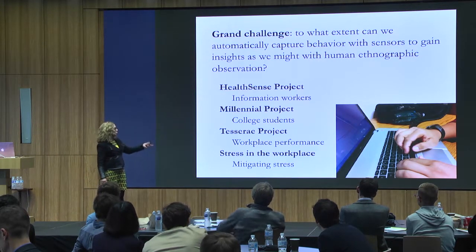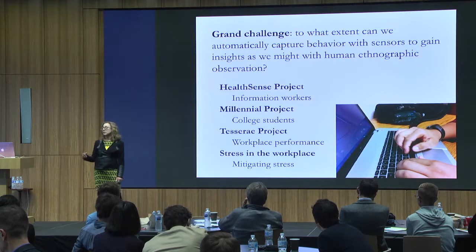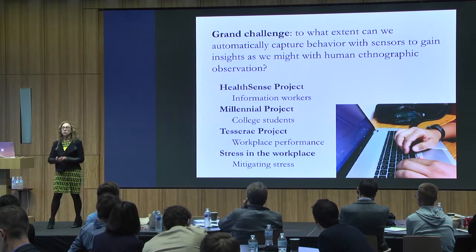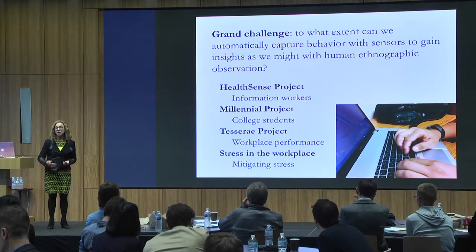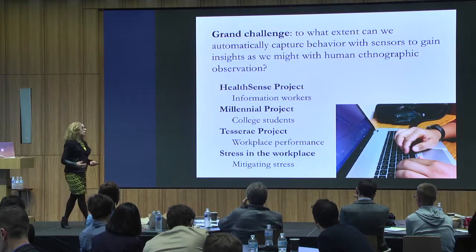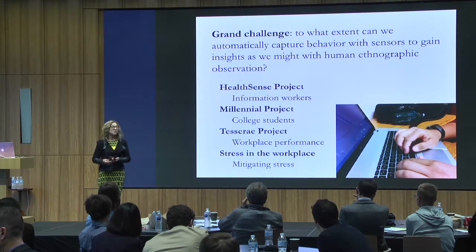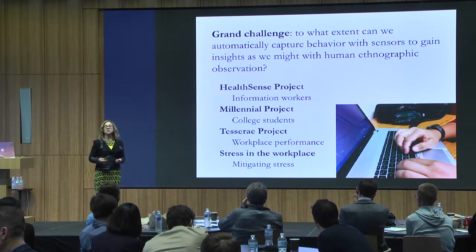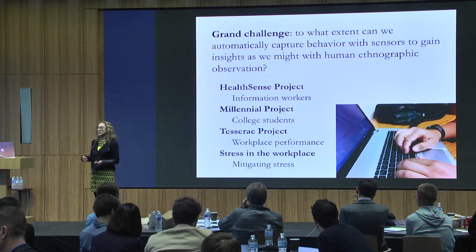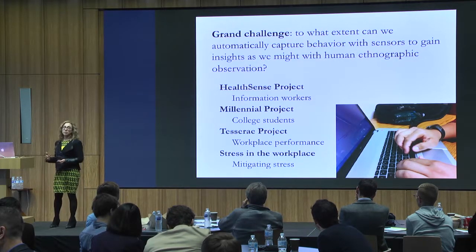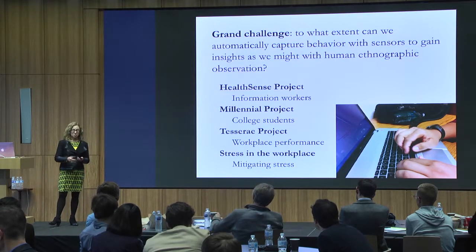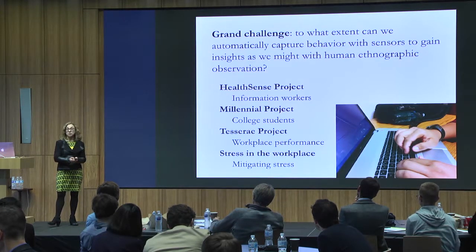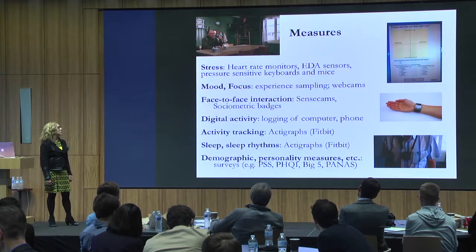Two very new projects that are just starting are the Tesserae project, where we're seeing if we can predict workplace performance, things like burnout and stress, through the use of a range of different kinds of sensors. And then stress in the workplace is a project to see if we can mitigate workplace stress, because that's a major health hazard for people, especially in Western countries.